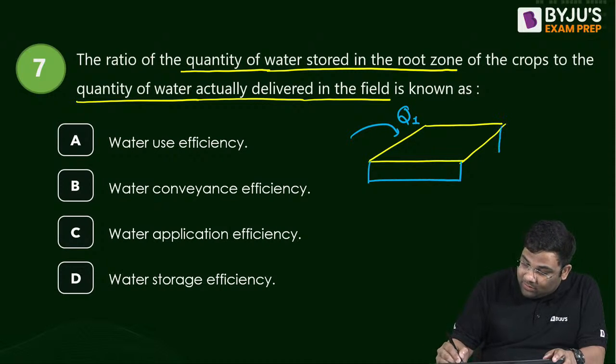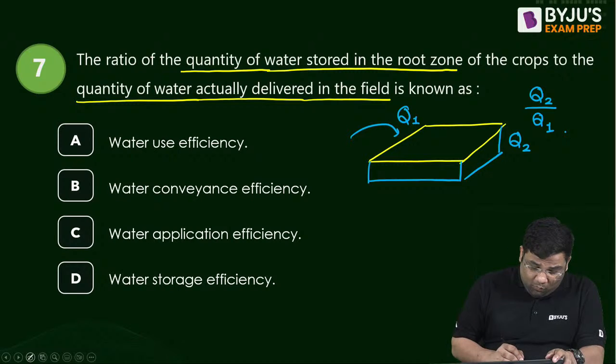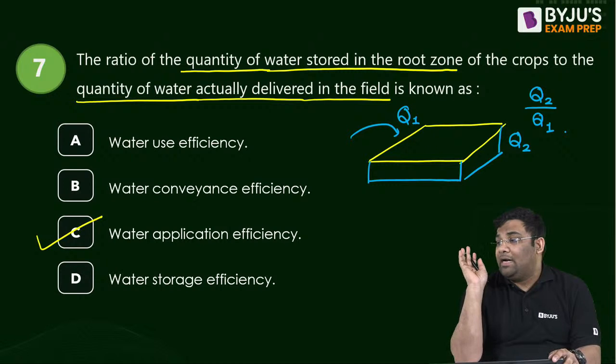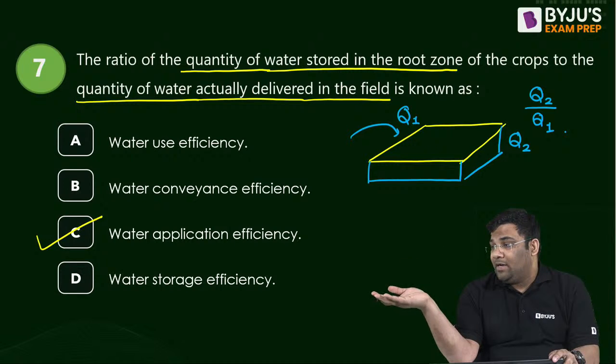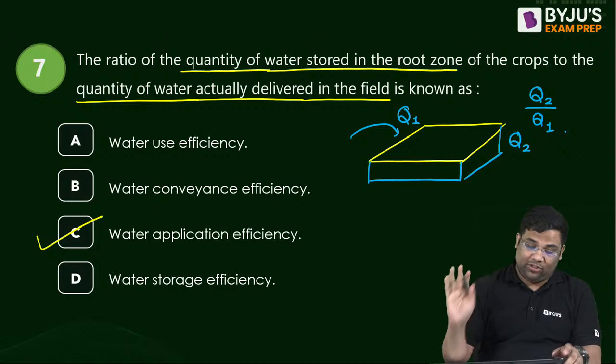There will be some losses. Suppose the stored one is Q2. So Q2 by Q1 is known as what? The answer is water application efficiency. Many people answering, very good. Answer is C, water application efficiency.